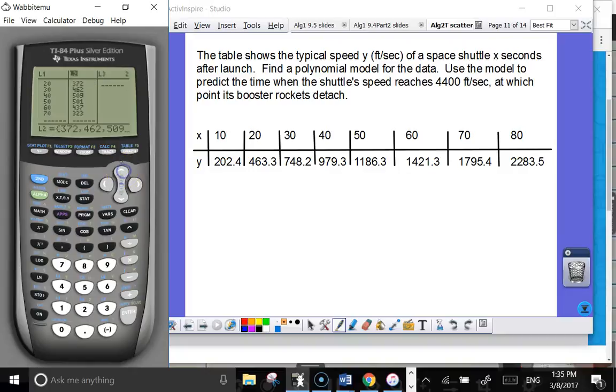Clear, enter. Clear, enter. 10, 20, 30, 40, 50, 60, 70, 80.